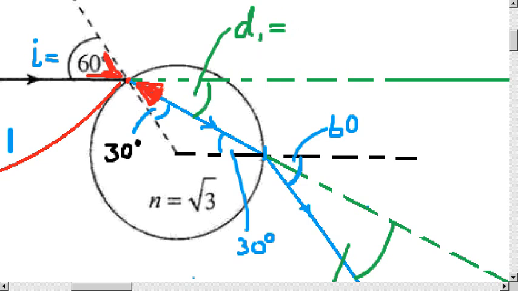So what we need is this green color portion. So therefore this red one is totally 60, so we can subtract 30 from that, then we get D1 as 60 minus 30. Like that we can find out the D1.